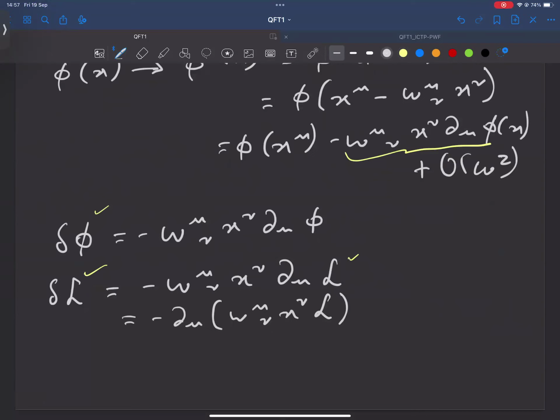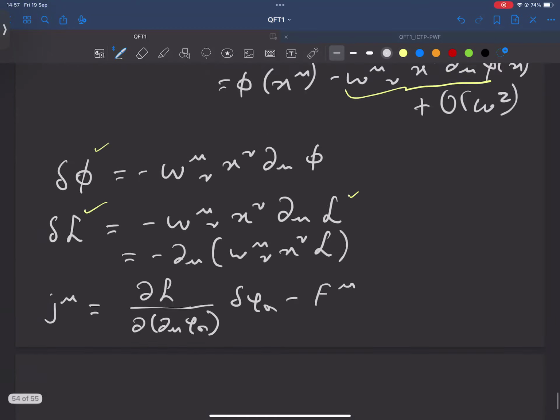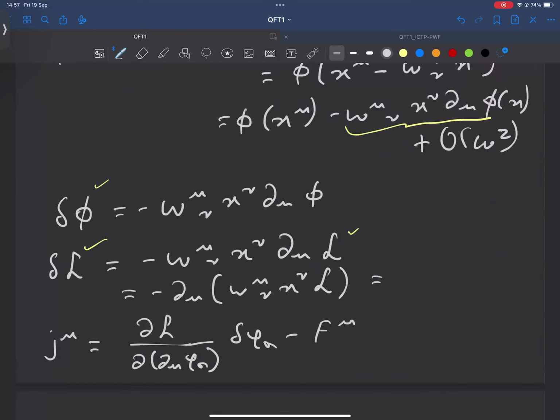And now let us consider the current. So the current, remember, was defined as del L by del del mu phi A, del phi A minus F mu. Okay. And this F mu was this guy, right? So if you write del mu F mu, so this F mu is this.